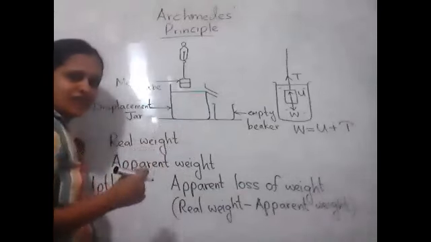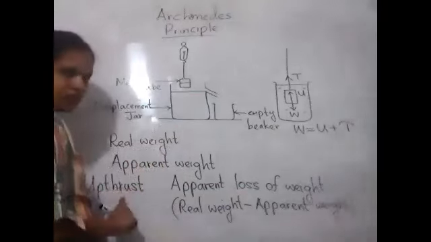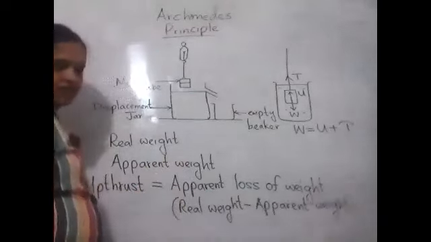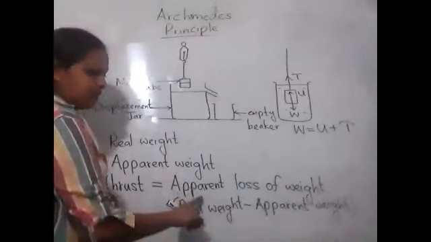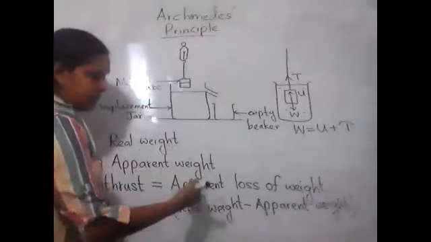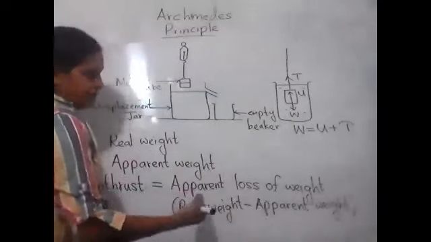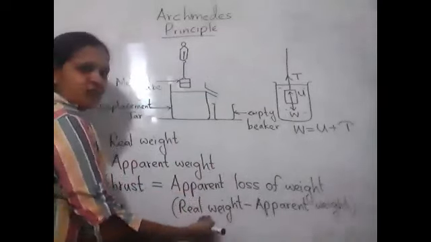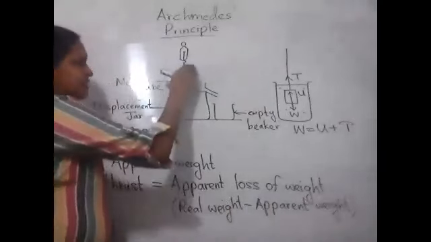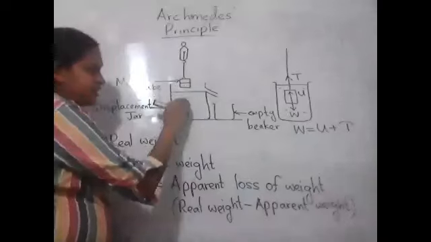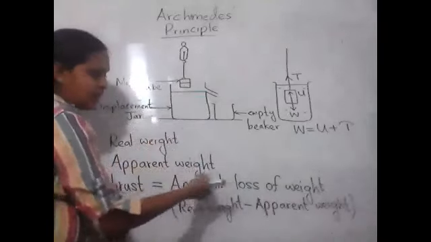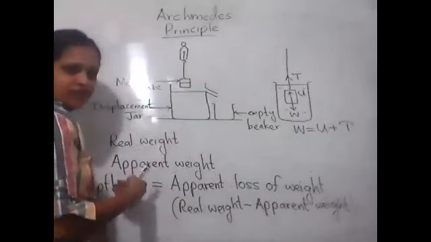As soon as we get a calculation, we can come up with this equation. Upthrust acting on the object is equal to the apparent loss of weight. So it is equal to real weight minus apparent weight. What is the real weight of the object? Once it is submerged in water, what is the visible weight, or what we call the apparent weight?